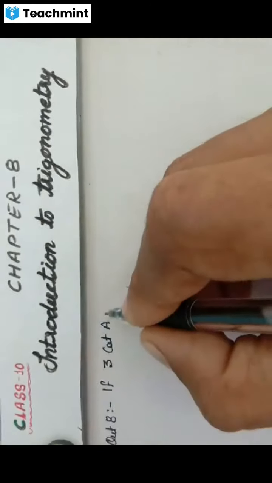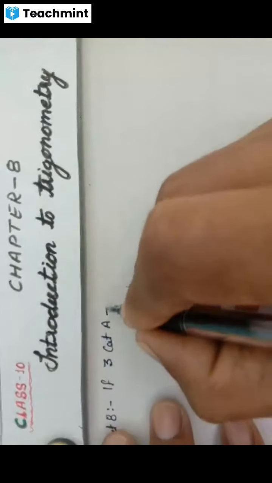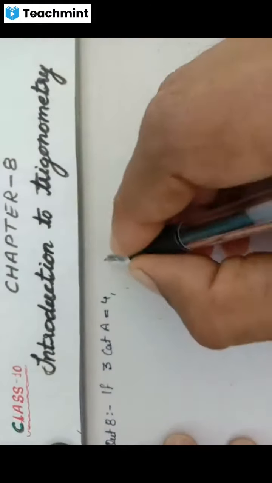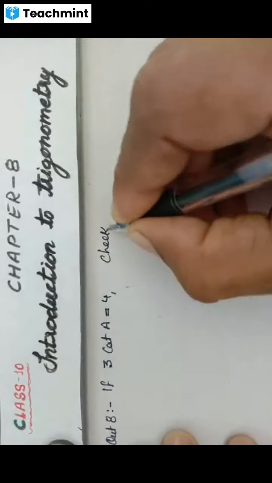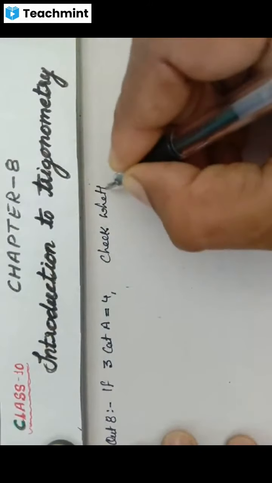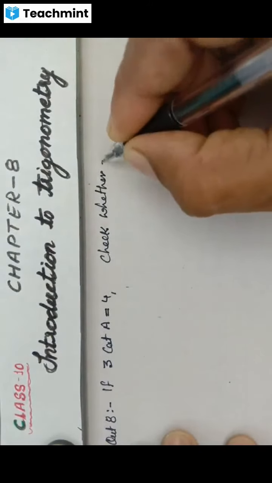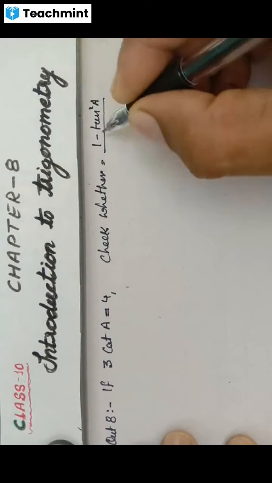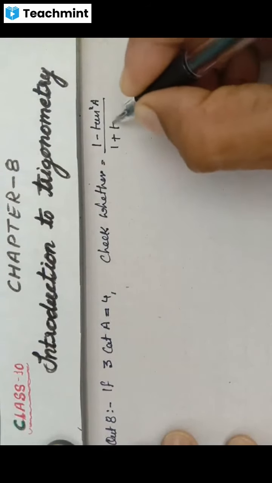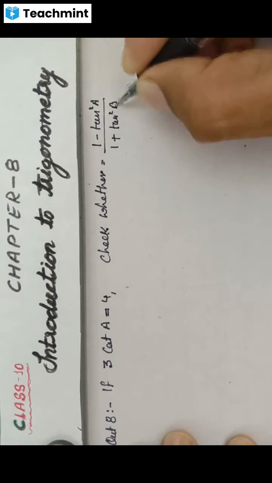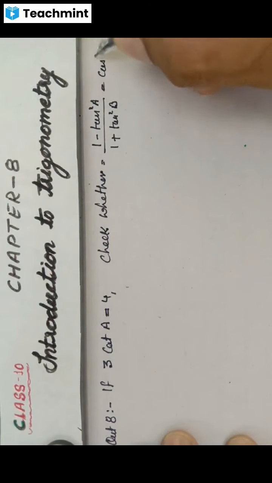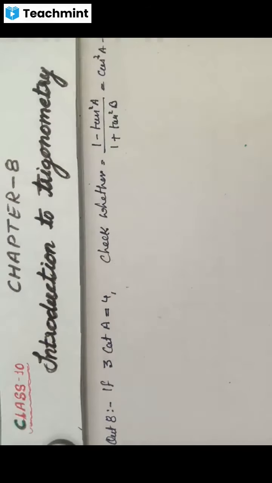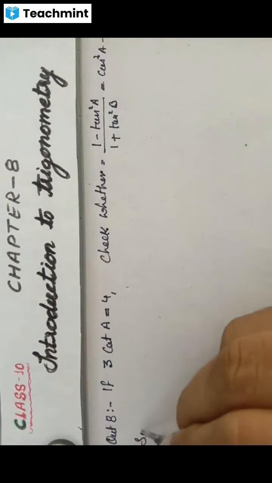If 3 cot A is equal to 4, then we have to check whether 1 minus tan square A upon 1 plus tan square A is equal to cos square A minus sin square A. So the solution we are going to start.